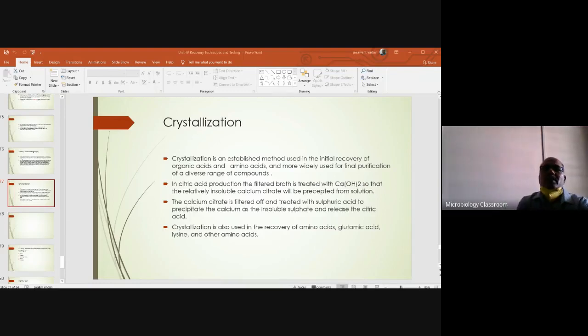Next to flocculation, we have seen solvent extraction or liquid extraction. Then we have seen recovery of the solvent, that is distillation. Then we have seen precipitation, then various chromatographic techniques, and lastly we have seen crystallization.